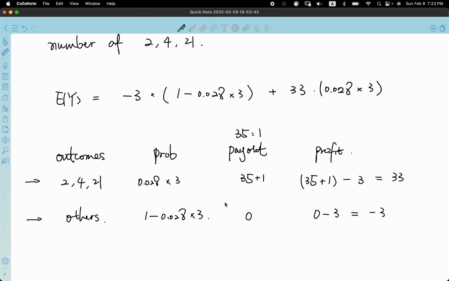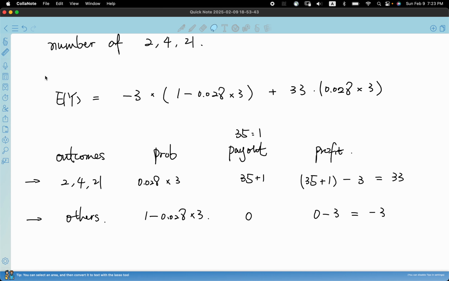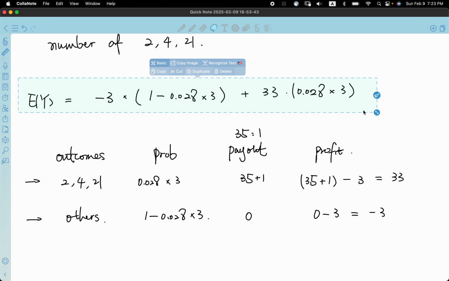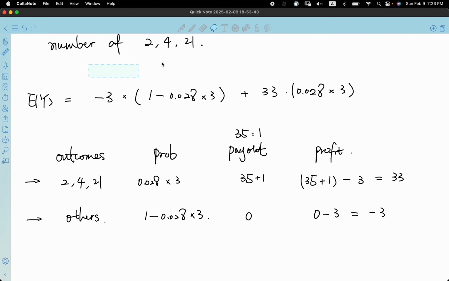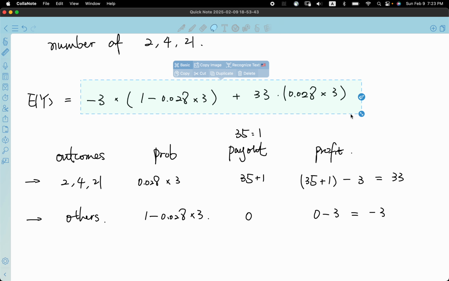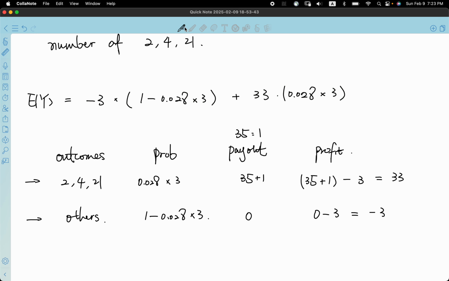As you can see, this number is now a positive number, 0.024, which is greater than 0 and also greater than 2/38.